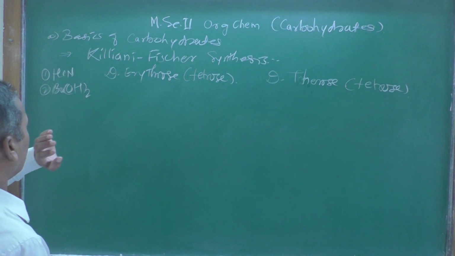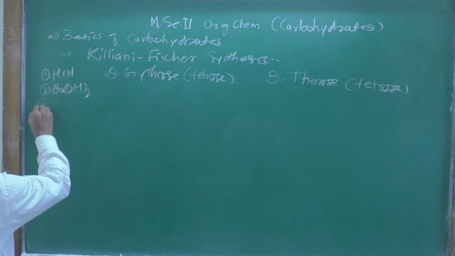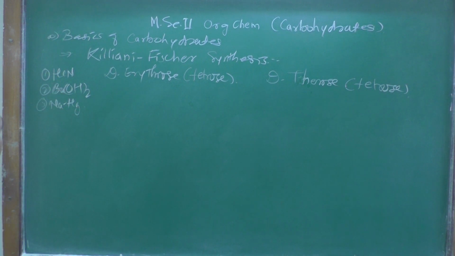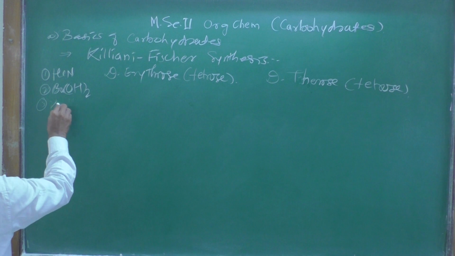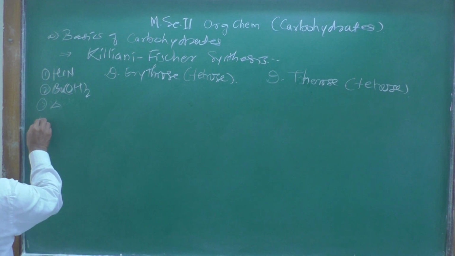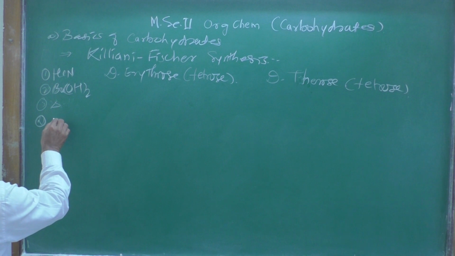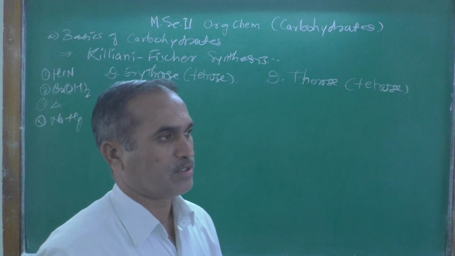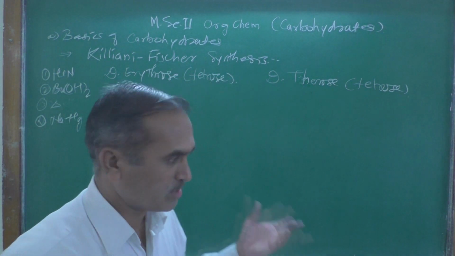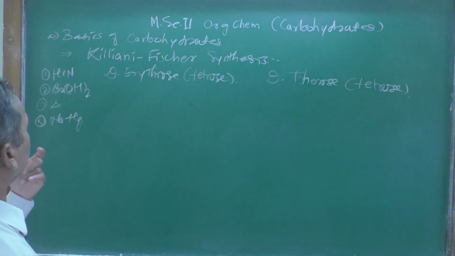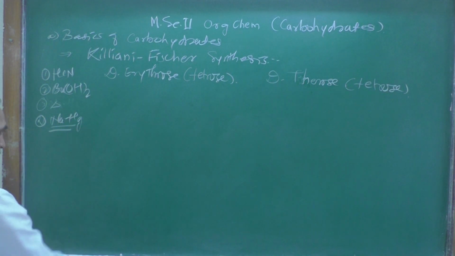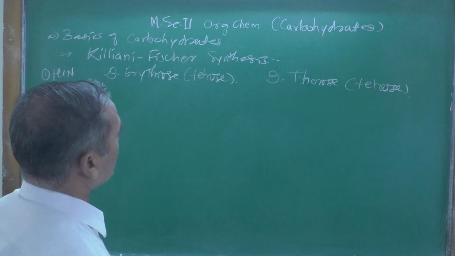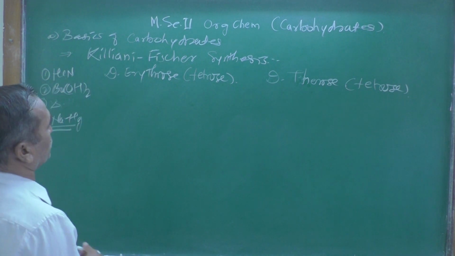Fourth, we use sodium amalgam, NaHg, a reducing reagent which reduces the gamma lactone to the specific aldehyde. So from glyceraldehyde we got erythrose and threose.